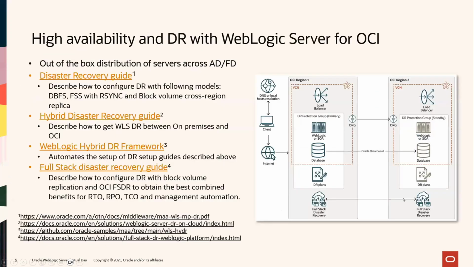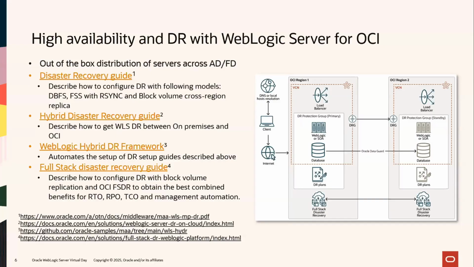Now, on top of that, the other aspect is high availability. So why do you consider it highly available? Because we have this set of guidelines and books that guide you to set up high availability and disaster recovery when you're running WebLogic Server on OCI.